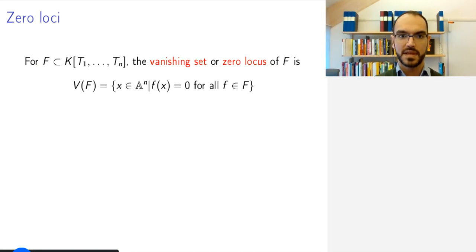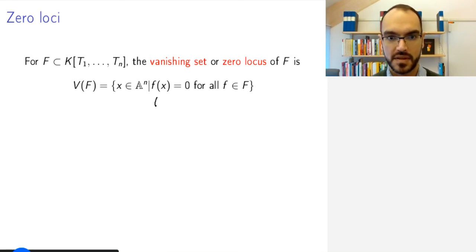And now we can define our main objects, namely zero loci of polynomials. Loci is the plural of locus. So given a set of polynomials f in several variables, the vanishing set V(f), or the zero locus of f, is simply the set of points in affine n-space where the polynomial vanishes.